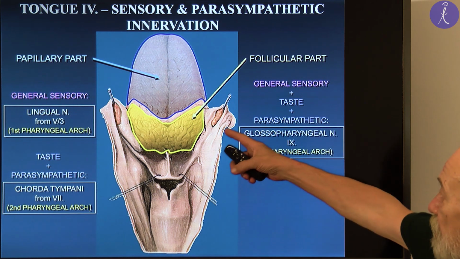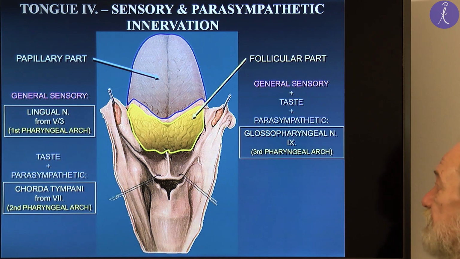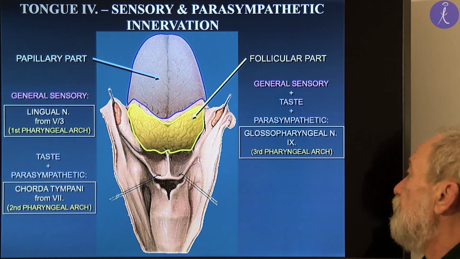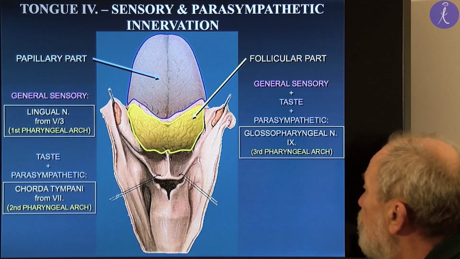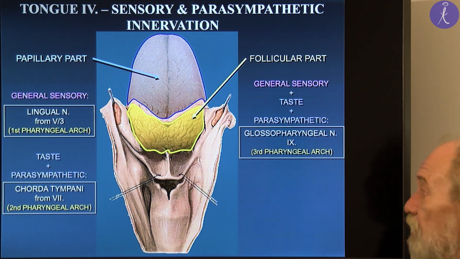The follicular part, the posterior one third, has all the fibers coming from the glossopharyngeal nerve, and the glossopharyngeal is the nerve of the third pharyngeal arch. So at least three pharyngeal arches contribute to the formation of the tongue during development.